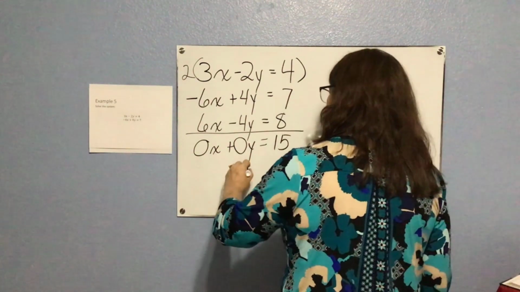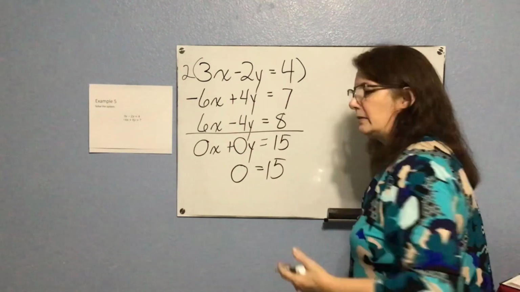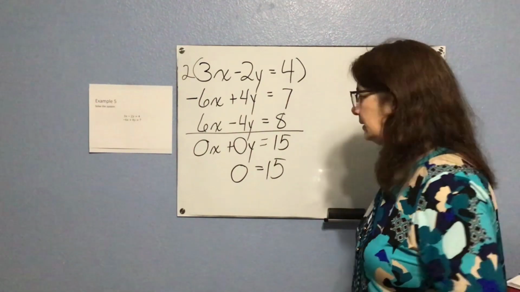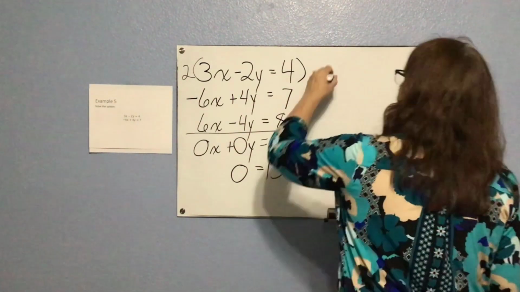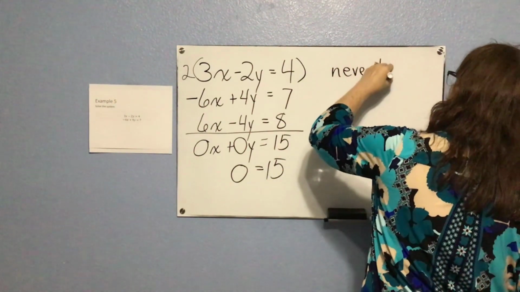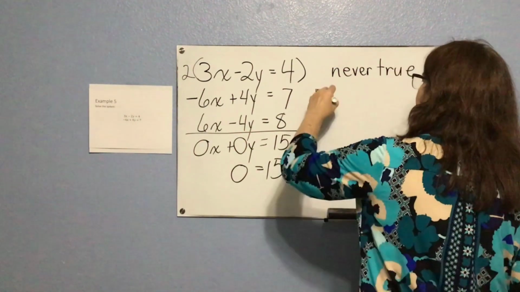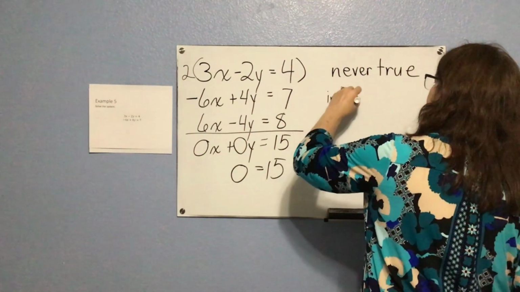Well, 0x and 0y, that's just 0. When does 0 equal 15? It never does. So we say this is never true, and we say that is an inconsistent system.